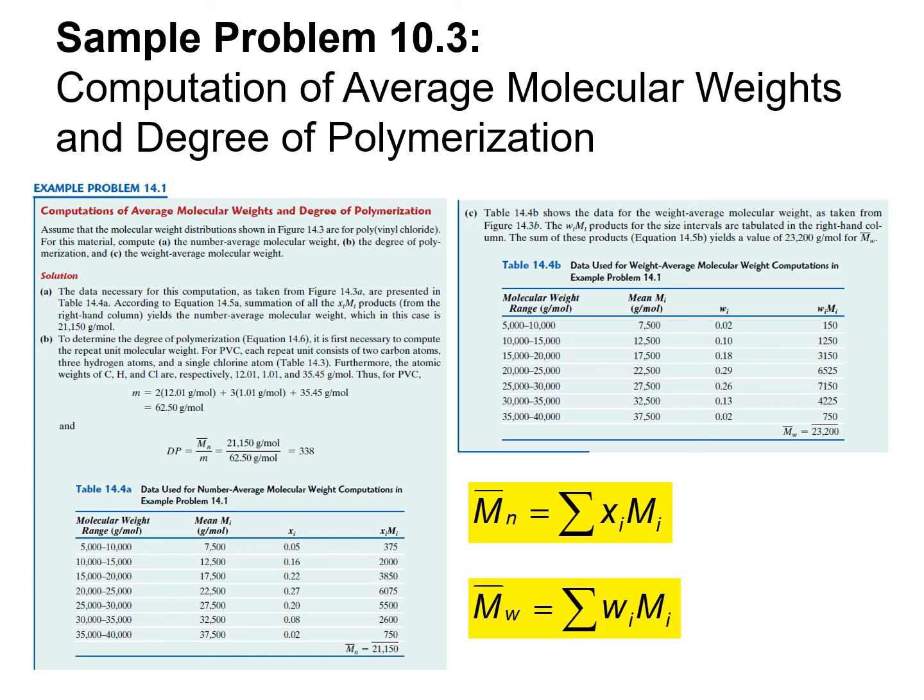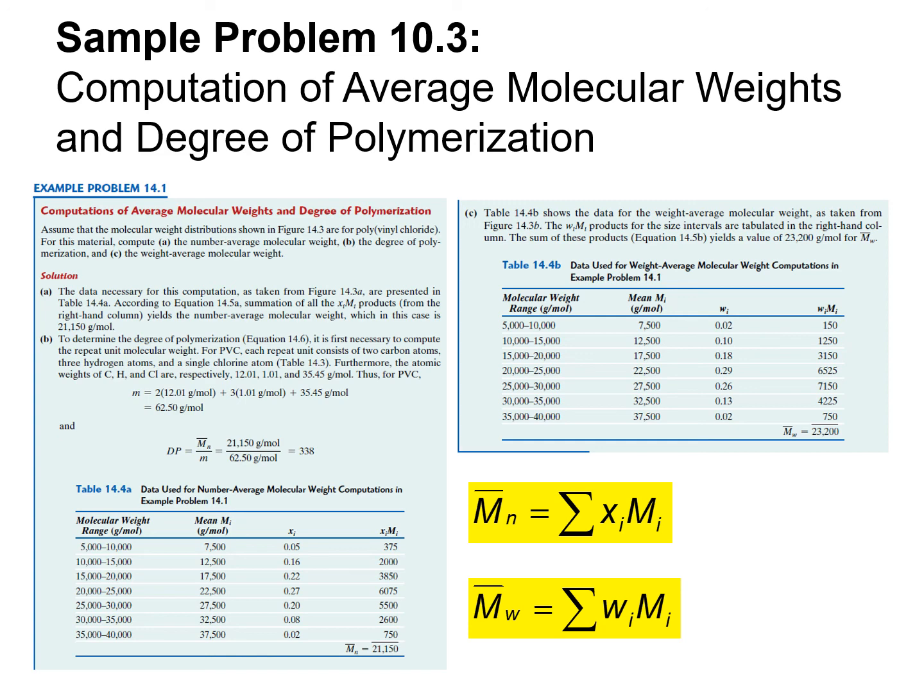Therefore, we can calculate m to be 2 times 12.01 gram per mole for carbon, 3 times 1.01 gram per mole for hydrogen, and 35.45 gram per mole for chlorine, and it becomes 62.50 gram per mole. Therefore, the degree of polymerization is calculated as 21,150 divided by m, and that is 338.